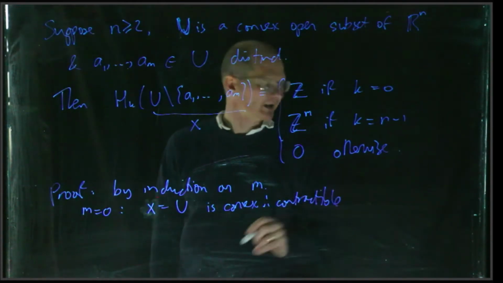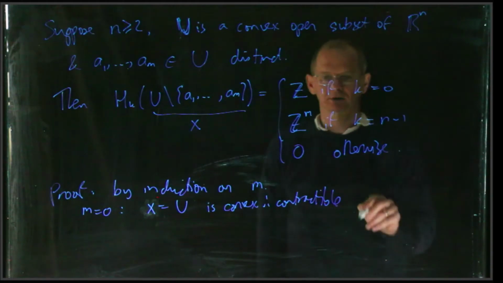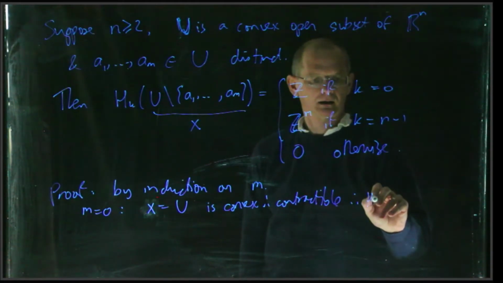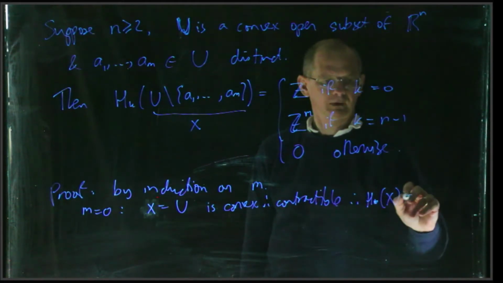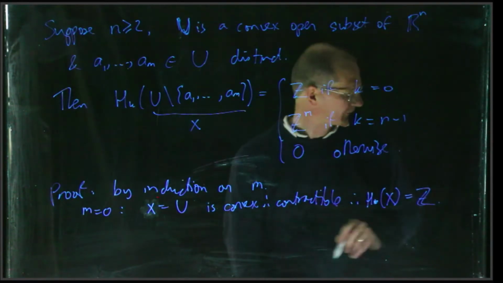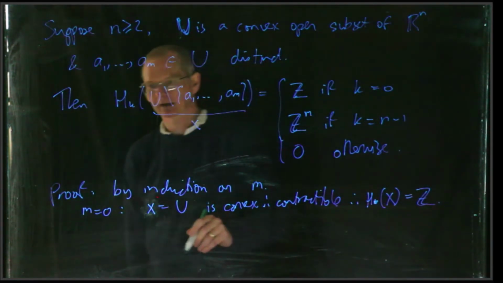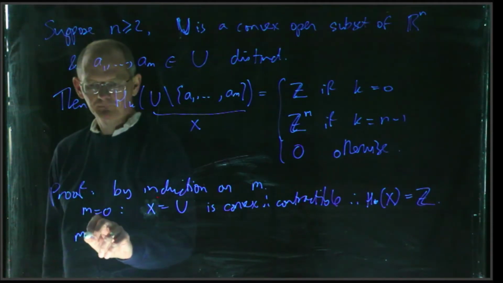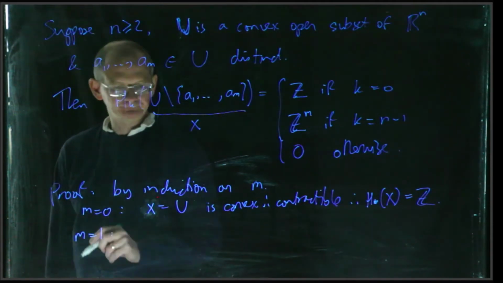So that's a convex set, so it's just contractible. So the homology of X is just a single copy of Z in degree 0. Okay, that's easy enough. What about when m is equal to 1?